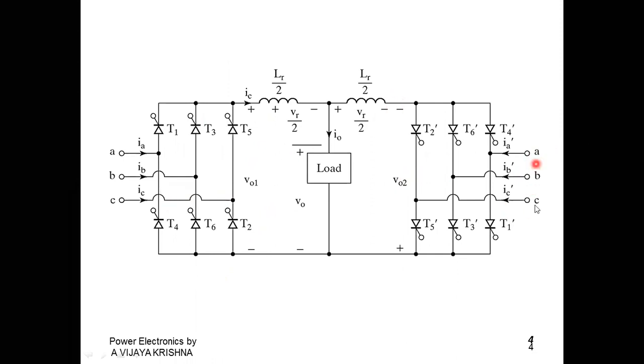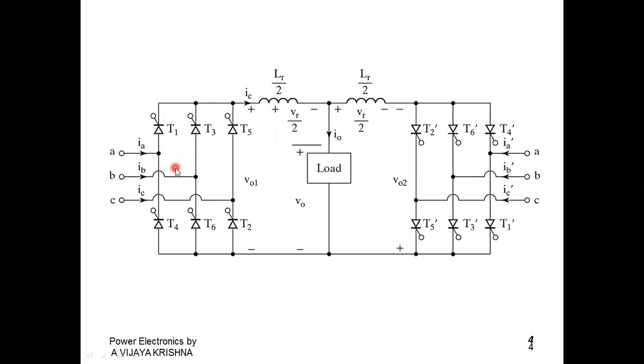We are not giving the supply to the converter 2 circuit, only to the converter 1 circuit. This is the dual converter without circulating current mode of operation, where a single circuit carries the load.